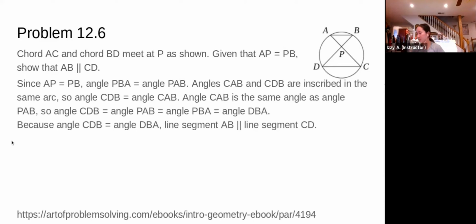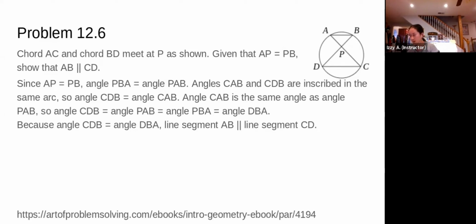So since AP is equal to PB, that's going to say that angle PBA is going to be equal to angle PAB, because we're dealing with an isosceles triangle here. So angles CAB and CDB are inscribed in the same arc. So that means that angle CDB is going to be equal to angle CAB.